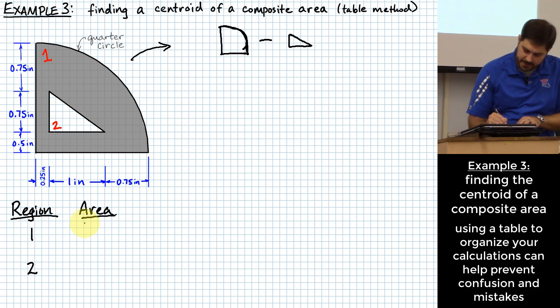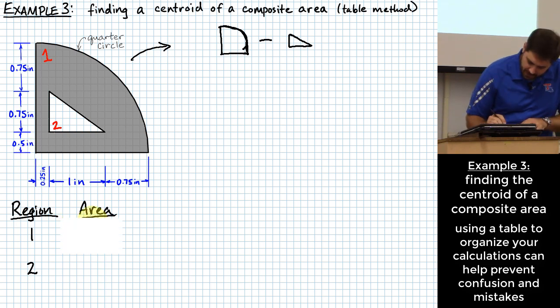All right? I'd say it looks like the quarter circle here is going to have a 2-inch radius, right? Whether I read that along the bottom, it'd be 1 inch plus 3/4 plus 1/4, right? That'd be 2 inches. Up here I have 0.75 plus 0.75 gives me 1.5 inches, plus 1/2 inch gives me 2 inches.